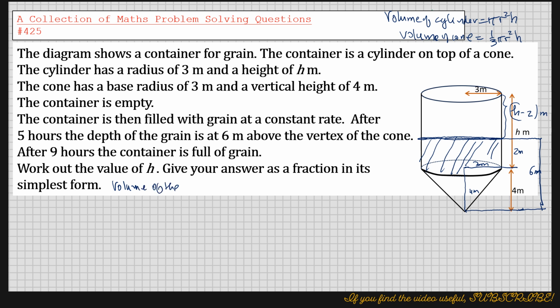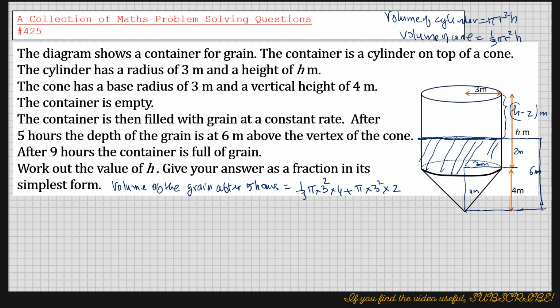The volume of the grain after 5 hours would be the volume of the cone, that's 1/3 pi r square, r is 3, so 3 square times h, that is 4, plus pi r square h, so pi times 3 square again, times h, that is 2.